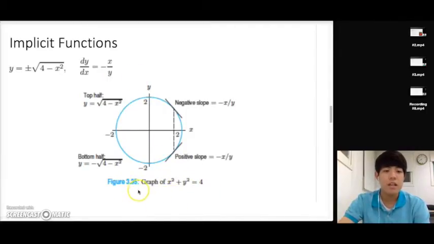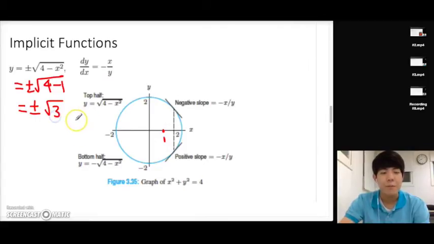In other words, it has two corresponding y values for every single x value, which means that it will have two different derivative values at one x value. So for example, let's take x equals 1. Here, if we calculate the y value through the explicit form of this function, at x equals 1, y is plus or minus the square root of 4 minus 1, which means it's plus or minus the square root of 3.